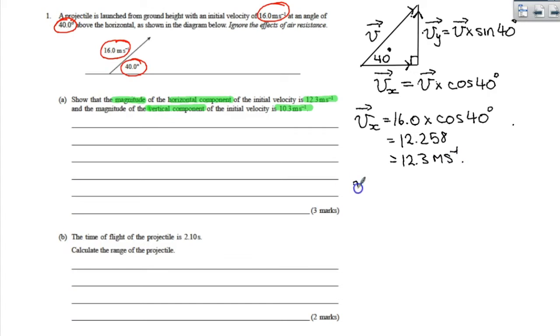For the vertical component, from our graph we can see this is going to be Vy is equal to V times sine 40, which will be 16 times sine of 40. And as an answer, when we have finished, we will be able to verify that it is 10.3 meters per second.